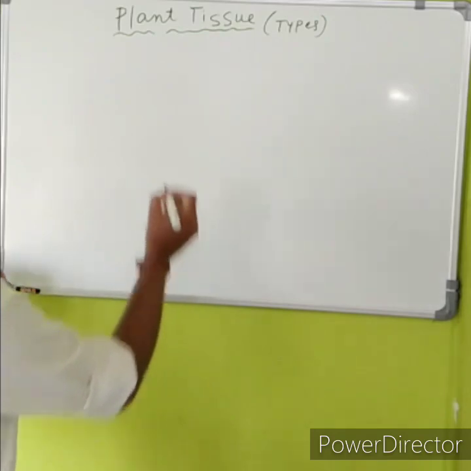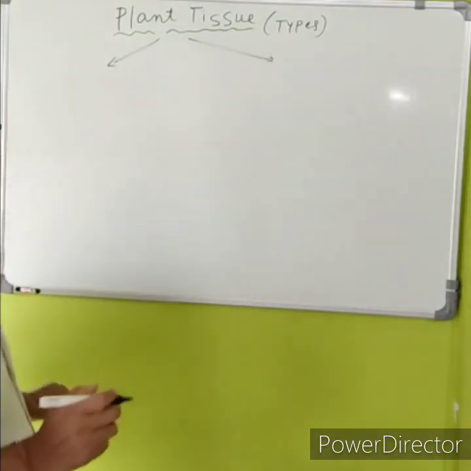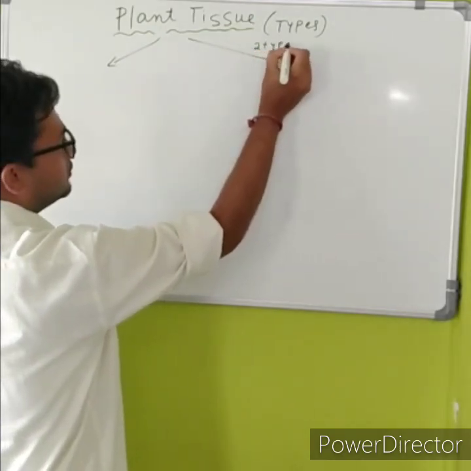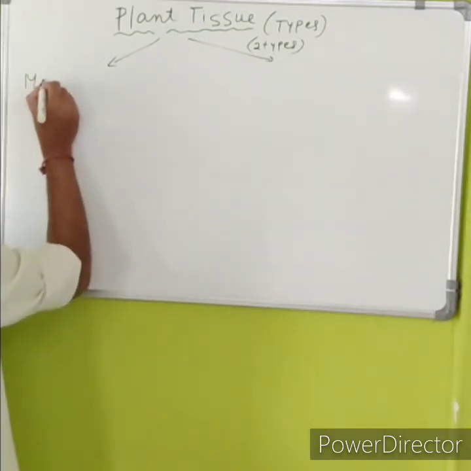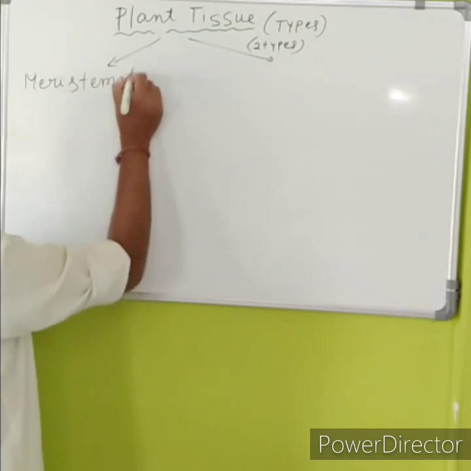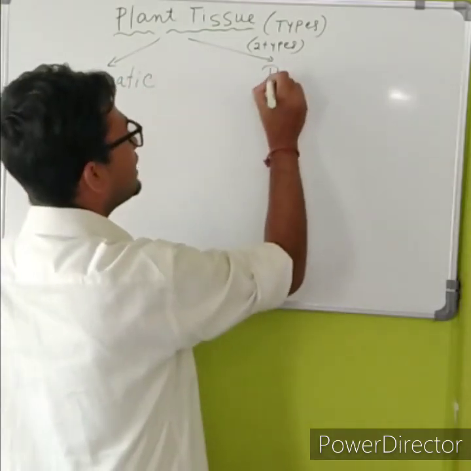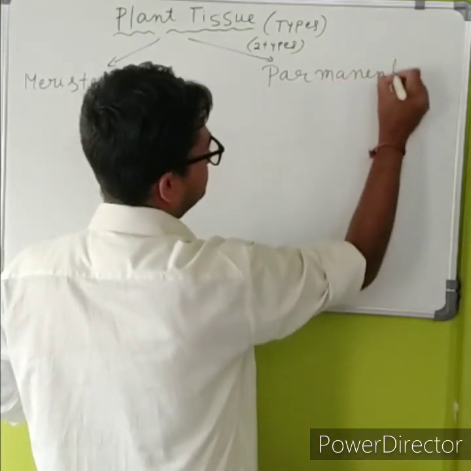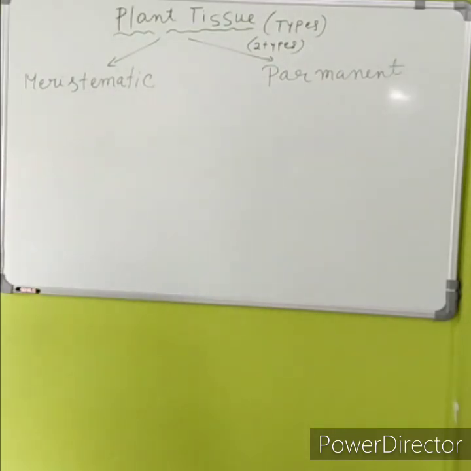Plant tissue is of two different types. First of all, meristematic and permanent. Meristematic tissue and permanent tissue.